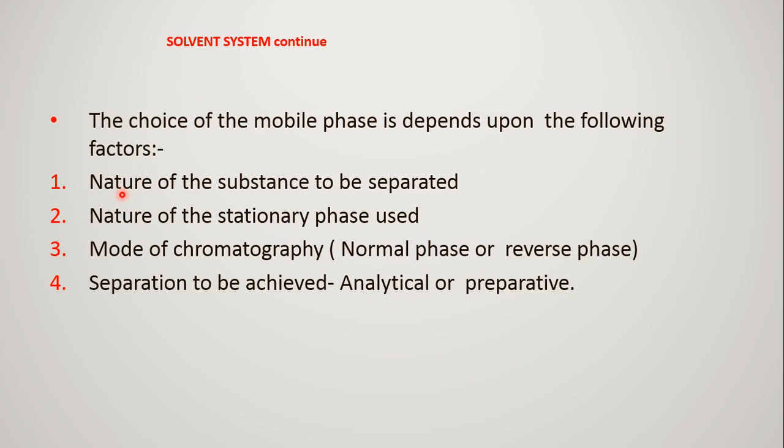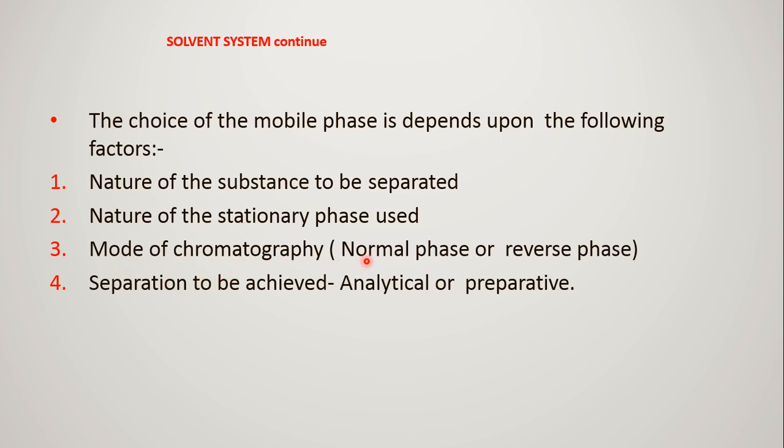If our substance is polar, then the mobile phase will be chosen accordingly. If it is non-polar or less polar, or whatever the structure of the substance is, all these things depend on the nature of our sample. Now, the nature of the stationary phase used. On that basis the mobile phase will be chosen.